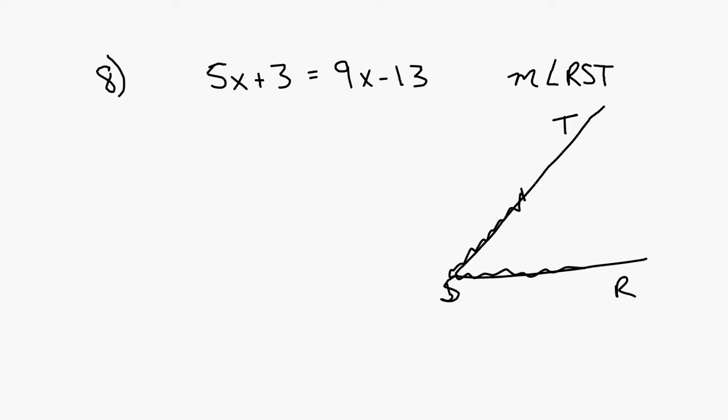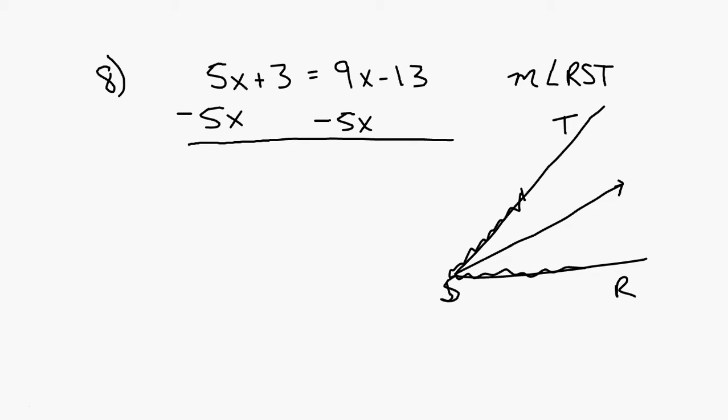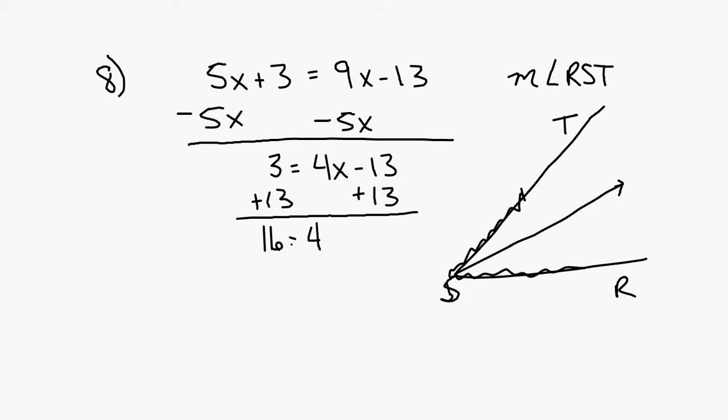It's got the bisector in there, but you're going to subtract 5x from each side. So 3 will equal 4x minus 13. You can add 13 to each side. 16 is going to equal 4x. Divide both sides by 4, and 4 is going to be equal to x.